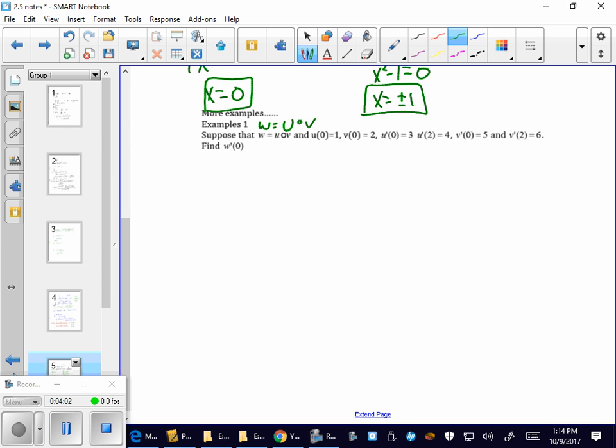We want to find what w prime of 0 is. So the first thing we need to find is w prime of x. So w of x is defined to be u of v, which we could write like this.